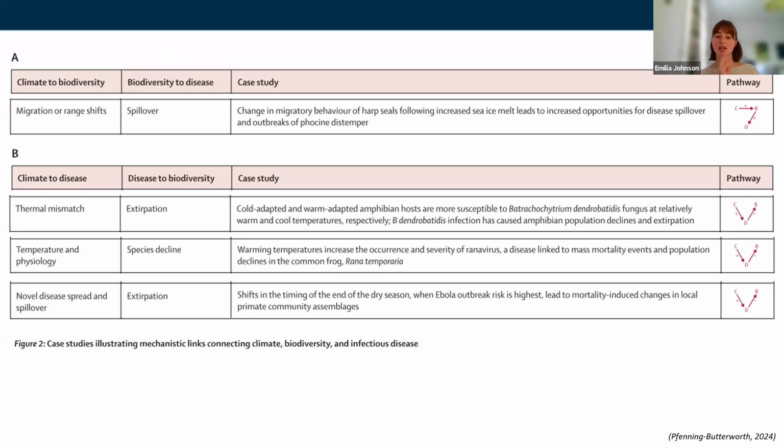But also this last example in bats: shifts in the seasons, Ebola outbreak risk, and primate community assemblages is another example where you could tie in acoustic monitoring to study some of these interactions at a fine scale.